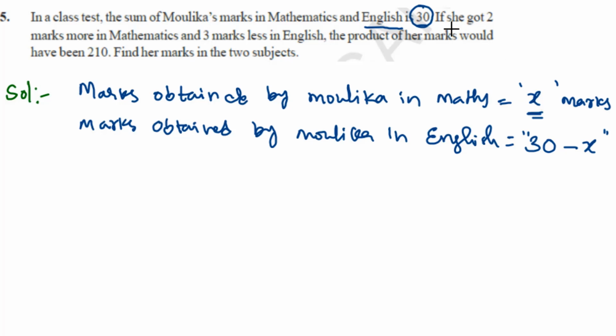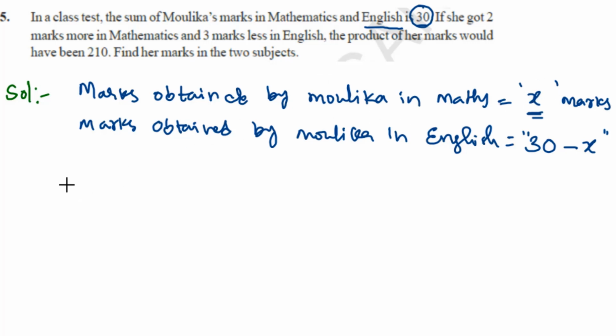And next, what is given in the problem? If she got 2 marks more in mathematics, that means whatever the actual marks that she got, we need to increase these marks by 2. That means we have to add 2 to her actual marks.